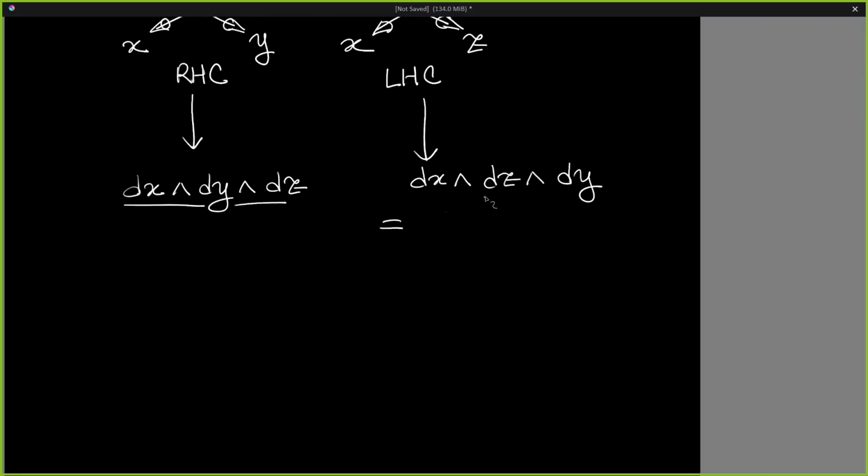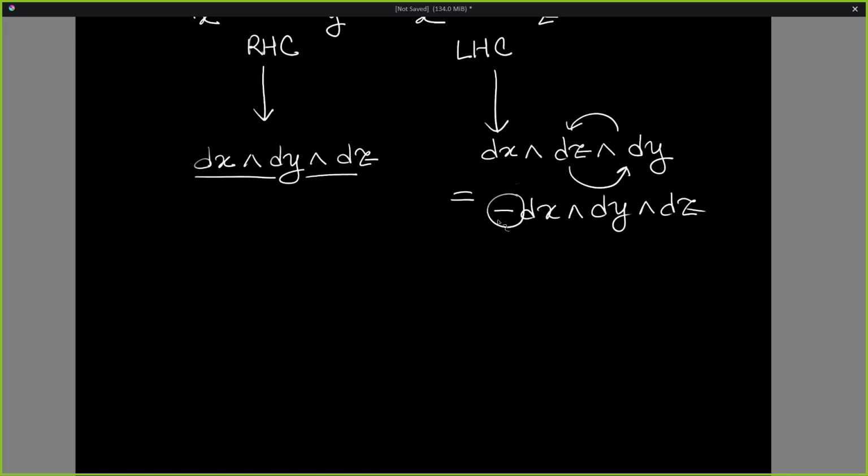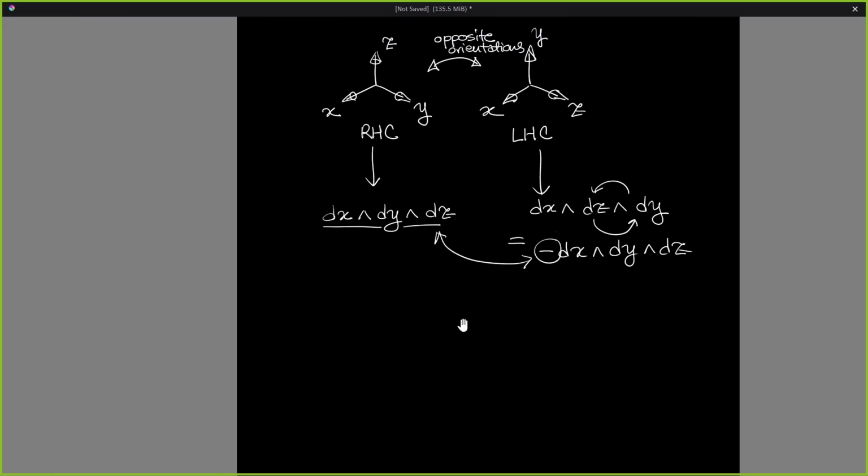So if we were to flip these two, we would gain a minus sign. So we get minus dx wedge dy wedge dz. You can see that they have a minus sign between them, so these are opposite orientations.